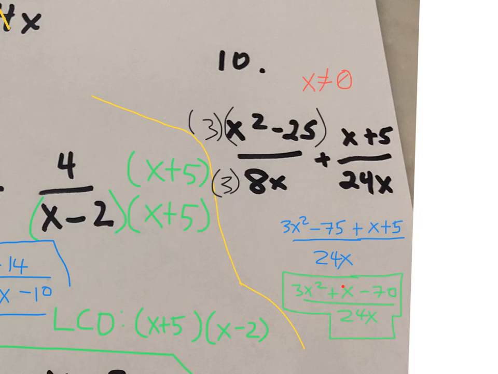But even if it was, it would factor into two like sausage links with like 3x and something over here and something over here, and none of that would cancel with the 24x on the bottom anyway. So this is as simplified as it could be, as far as I can tell. Or I should say, I definitely know that it is. The only thing I'm unsure of is whether or not I made a careless mistake along the way.